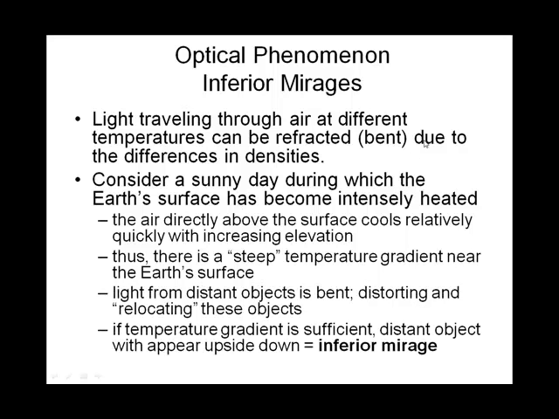If you read the description of the conditions that give you an inferior mirage, this is my Earth's surface, and what really works well is if this is concrete, and if the sun has been beaming down all day, this gets very hot. So hot concrete is great for inferior mirages, i.e.